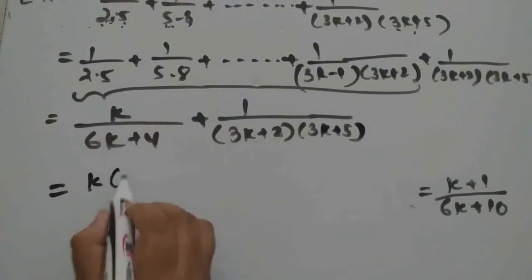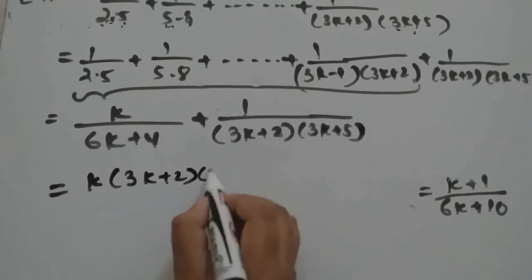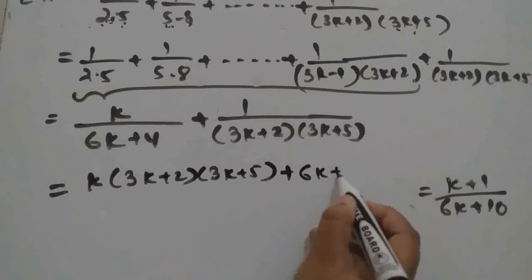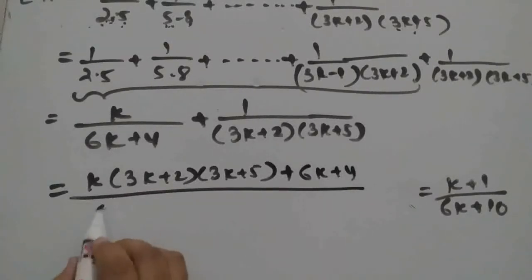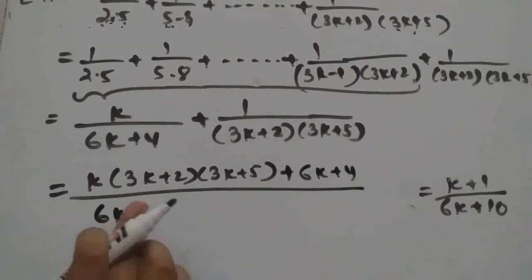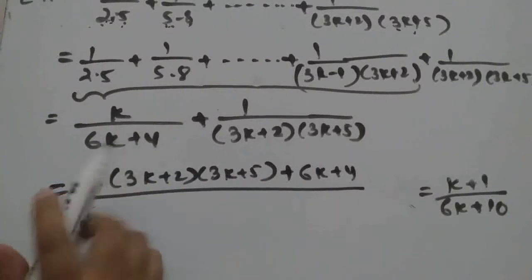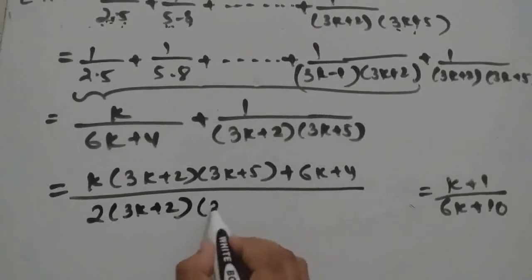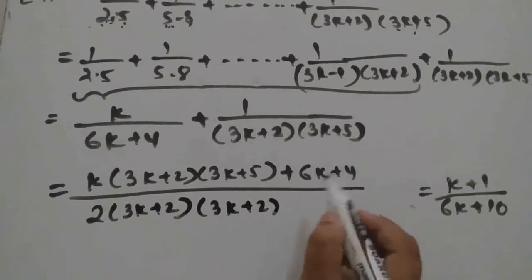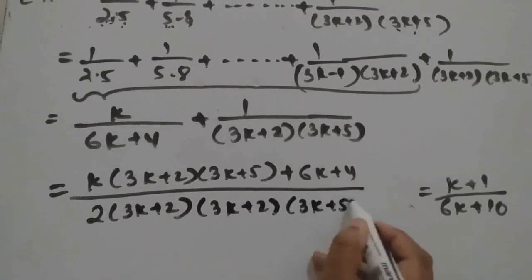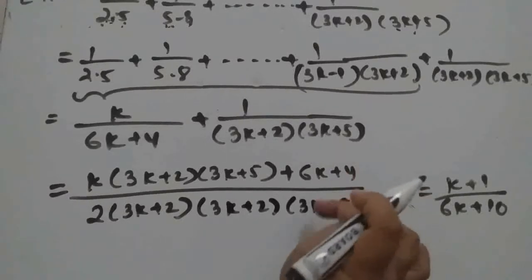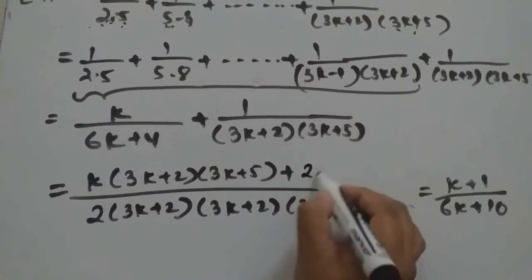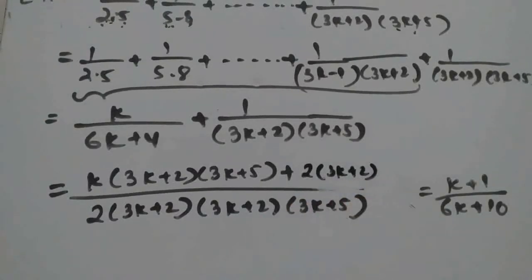So k times 3k plus 2, 3k plus 5 plus 6k plus 4, divided by these 3 brackets. See, 2 we can take common, so 2 into 3k plus 2 I can write. And here 3k plus 2, 3k plus 5. This also I can take 3, we can write 3k plus 2. So that will be easy.